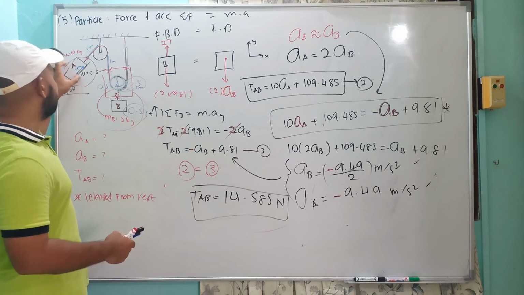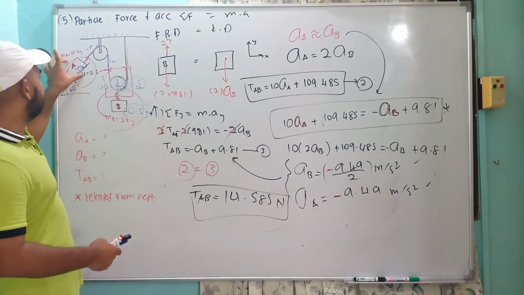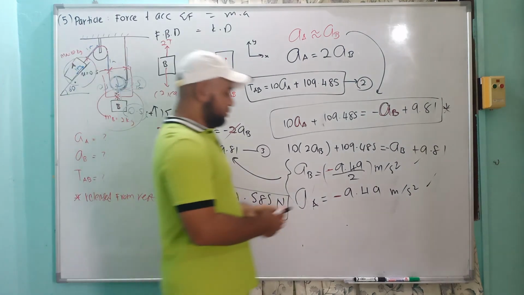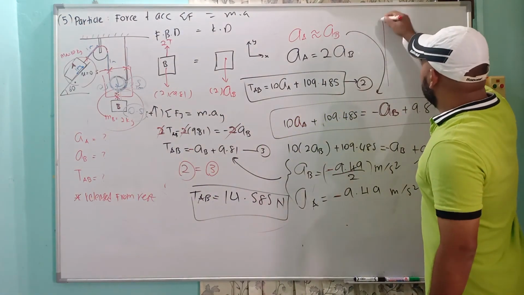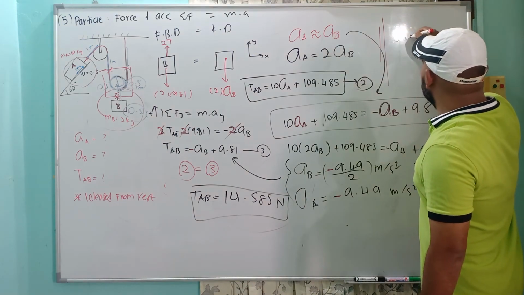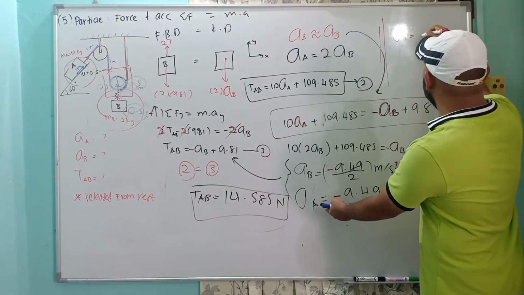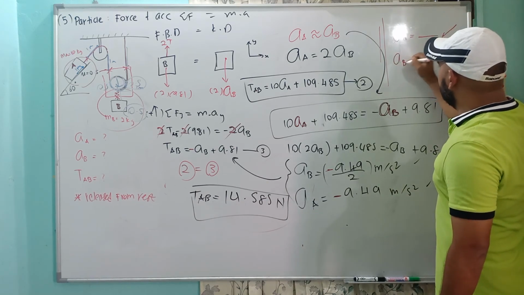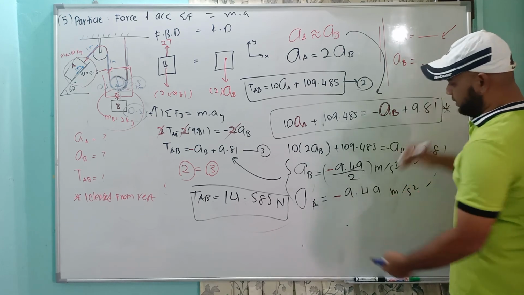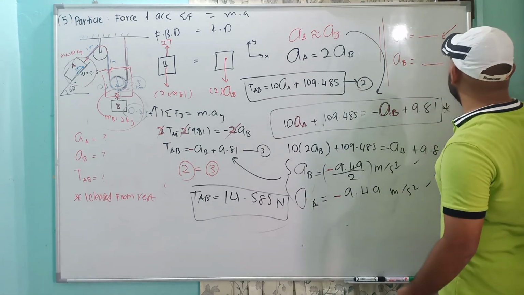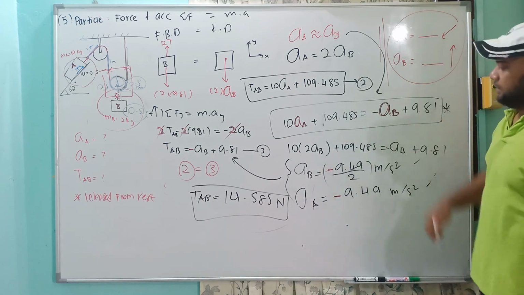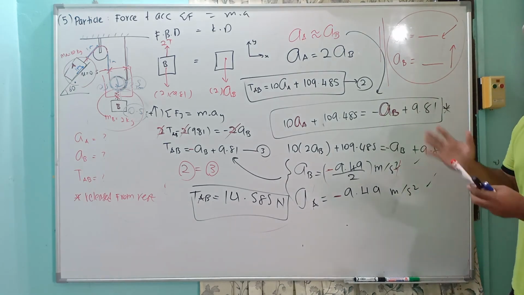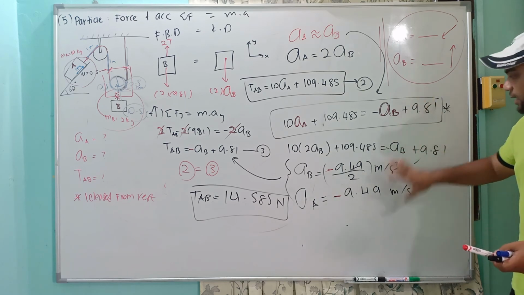Because the mass of A is much bigger than B, A pulls the whole component to the left, so B moves upward.